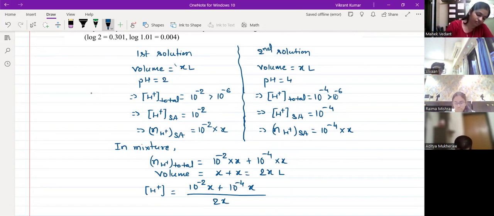In boards you have to write everything, but in JEE you don't have that much time. So x cancels out and we are getting 10 raised to minus 2.